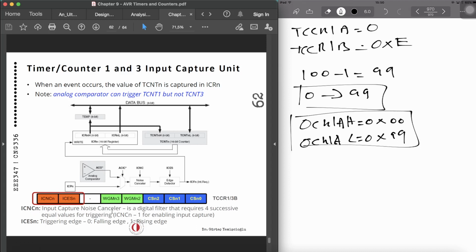It's a digital filter that requires 4 successive equal values for triggering, and ICES is the triggering edge: 0 for falling edge and 1 for rising edge. So we can monitor that and configure it according to our needs. Analog comparators can trigger the TCNT1 but not the TCNT3 register.